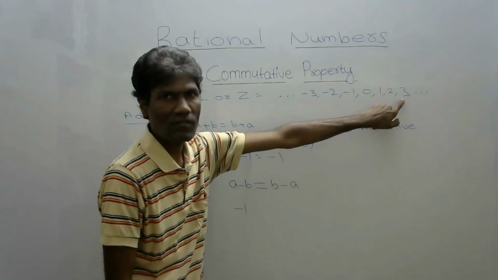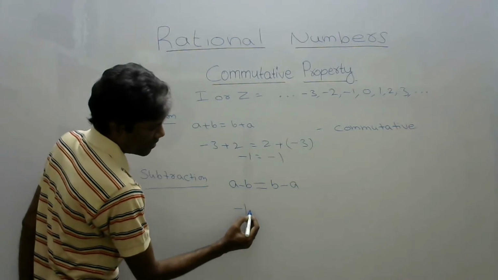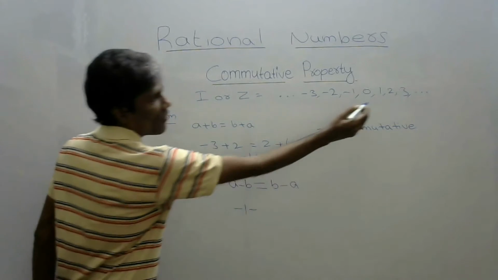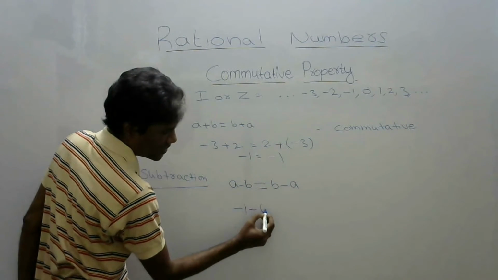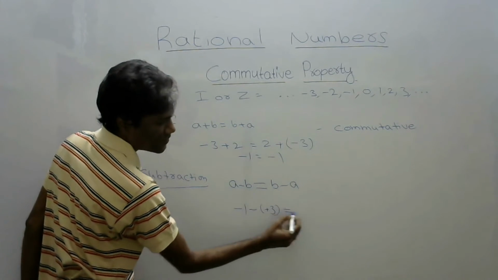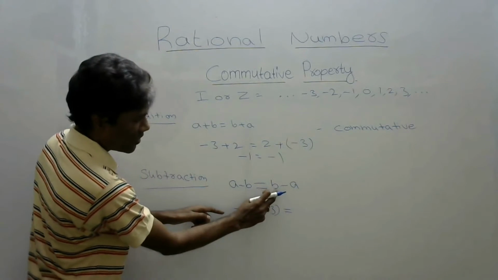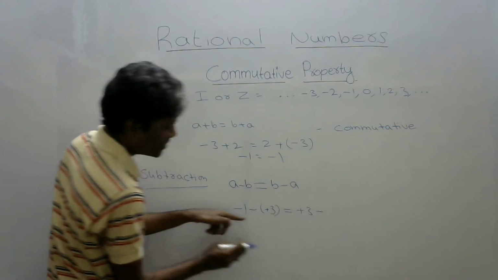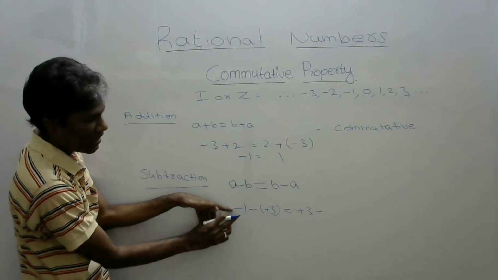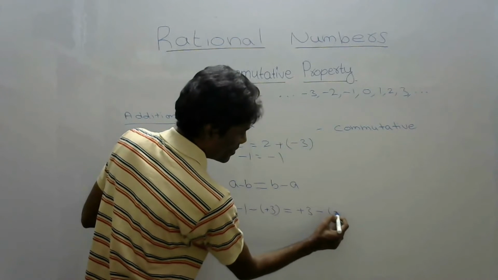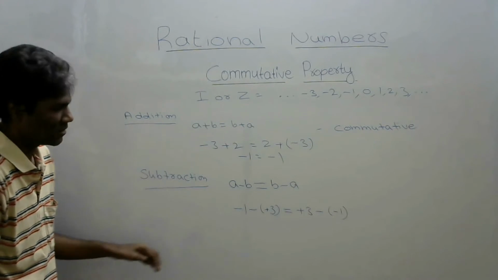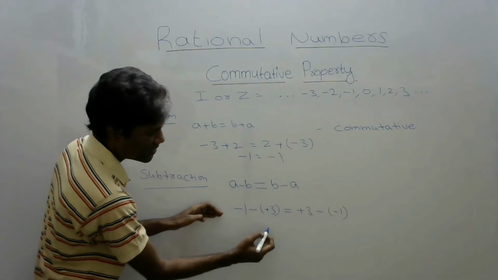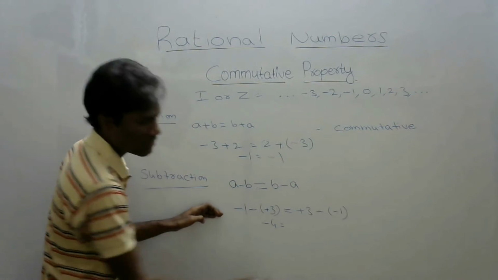Second number we will take plus 3. Now b minus a, that is plus 3 minus a. What is a? We have taken minus 1. So a minus b is minus 1 minus 3, which is minus 4.